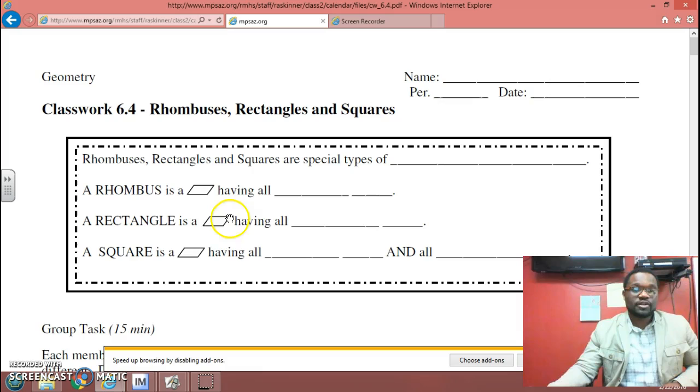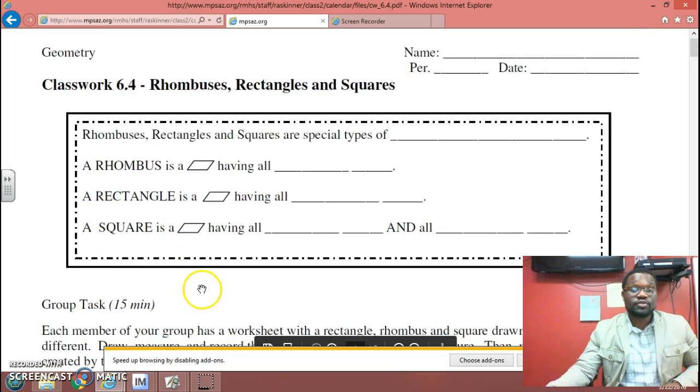A rectangle is a parallelogram having all what? What's all the same in a rectangle? Right angles. All right angles. And a square is a parallelogram having all congruent sides and all right angles. Notice that a square is both.